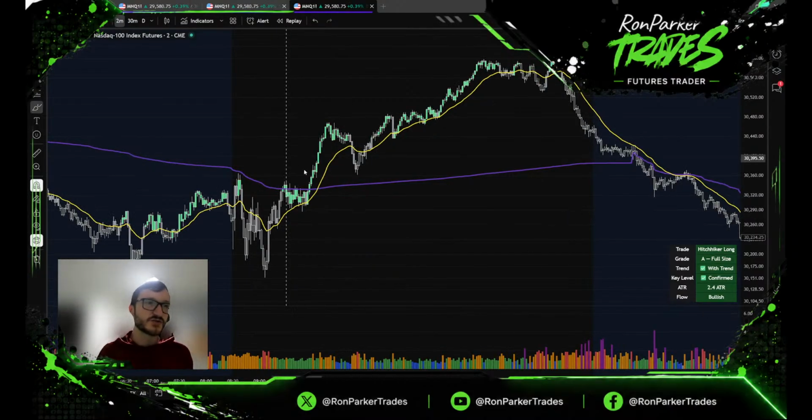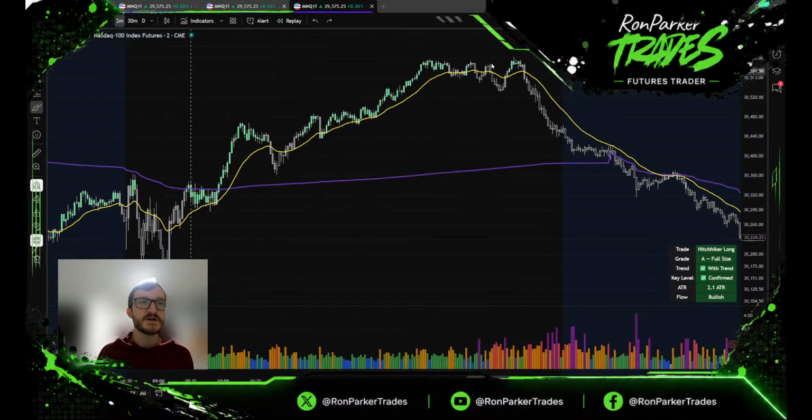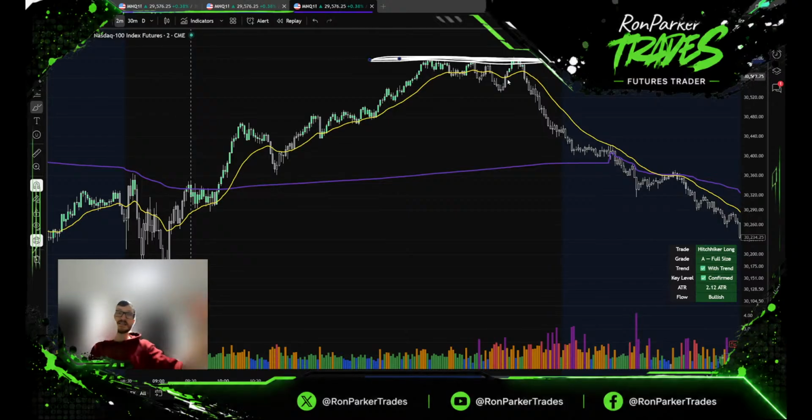We've got a drive higher away from VWAP. Buyers clearly in control. All of this area should have been buying only. Okay? As we got too far extended away from VWAP, you can see price started to hit this ceiling and gave us a clear level to trade against. As long as price is holding below that level and we're starting to see this breakdown, we can get that back to VWAP trade because VWAP acts like a magnet.